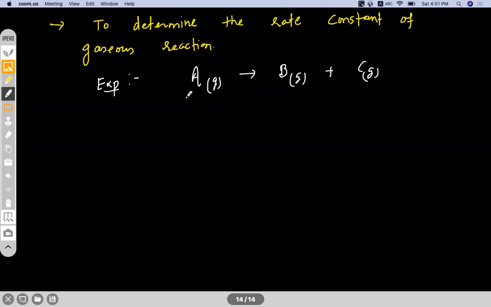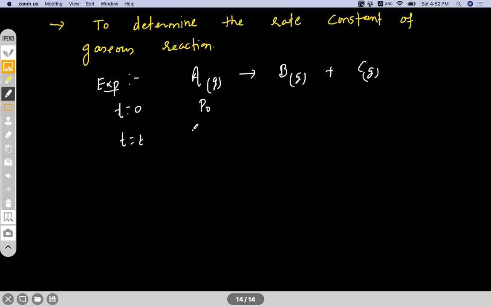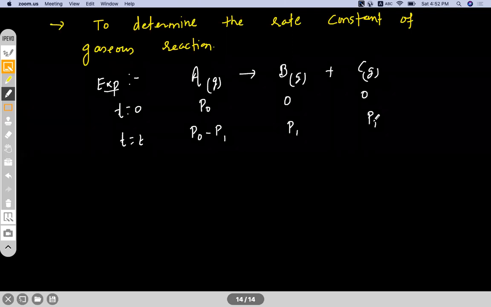I am assuming our initial pressure of A as P naught, and after some time the pressure of A will decrease because A converts into B and C. So it is P naught minus P1, and B is P1 and C is P1.